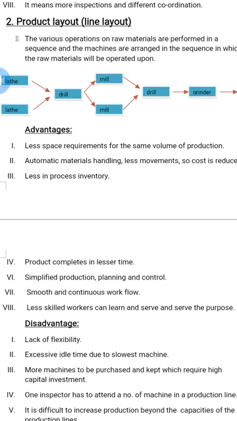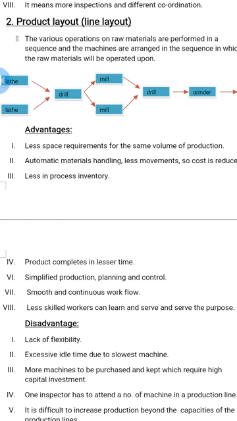So one type of machines are not placed in one location. Depending on the sequence of operations required to change the raw material into the finished product, the machines are arranged in a line.